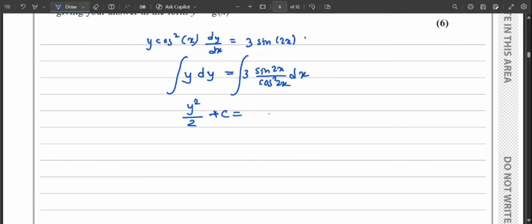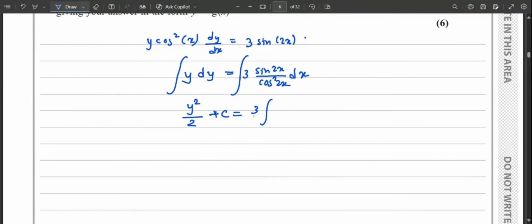Now on the right, we have to simplify this expression before continuing with our integration, because an expression in this form cannot be integrated. That's why we have to first simplify this.